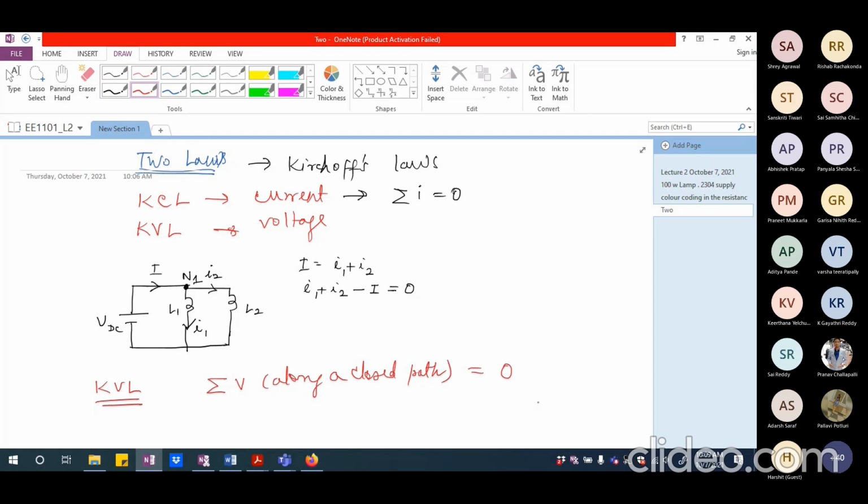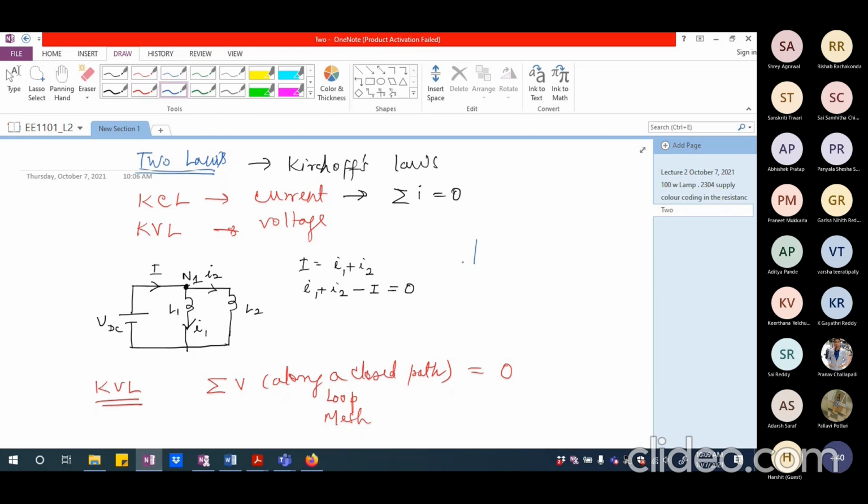The closed path we may call a loop, or we may call it a mesh. Basically what we mean is a closed path. It can be called a complete loop or a complete mesh. In that, the sum of the voltages has to be 0.